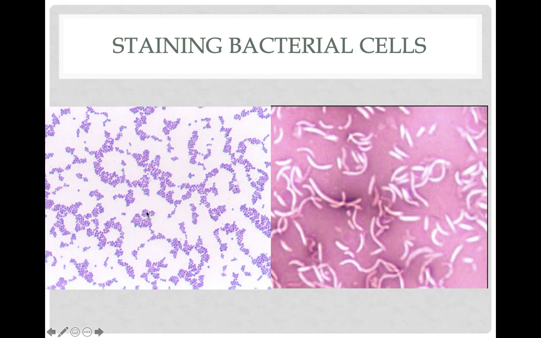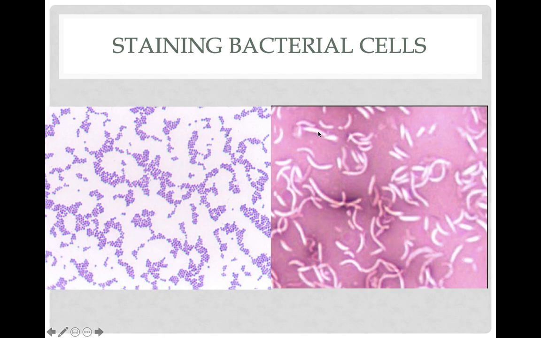So the bacteria come out as nice little purple circles. You can see just the shape of the bacteria, whereas the background that the bacteria are stuck to is totally clear. It did not take up any color. So the bacteria take up the color themselves, positive from the inside, and the background stays negatively stained. There's no color there, so a positive type stain.